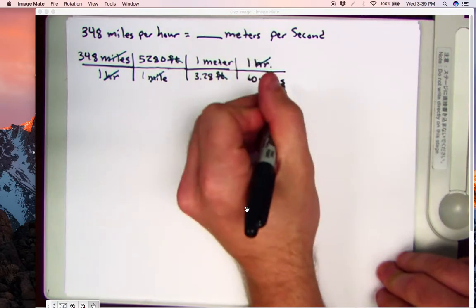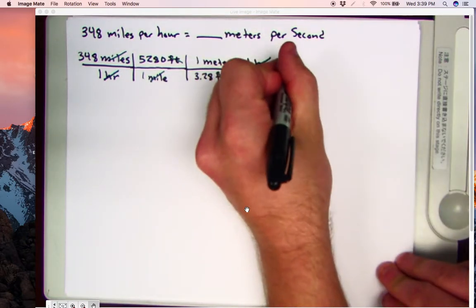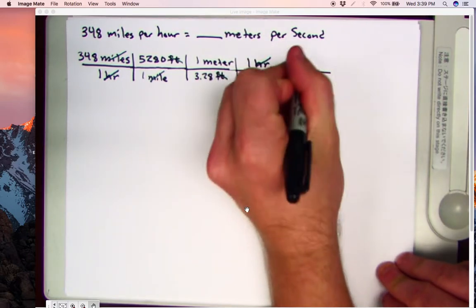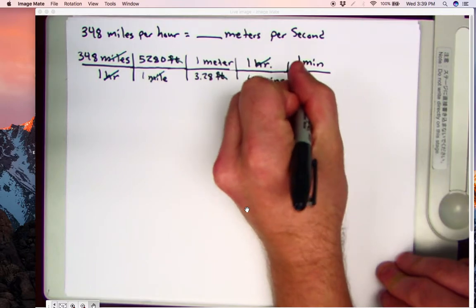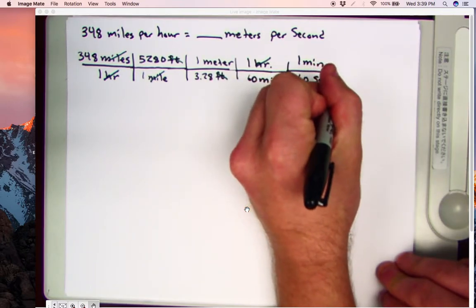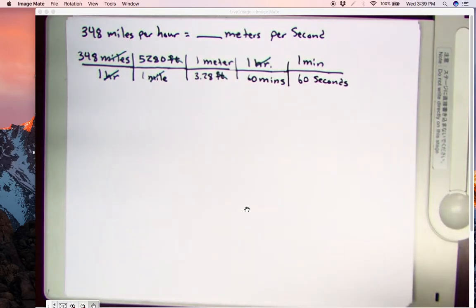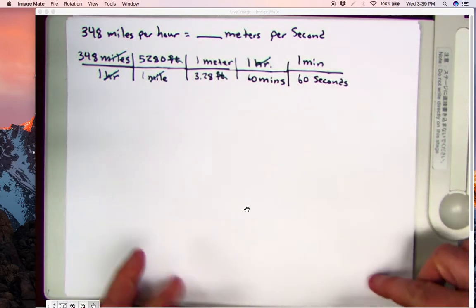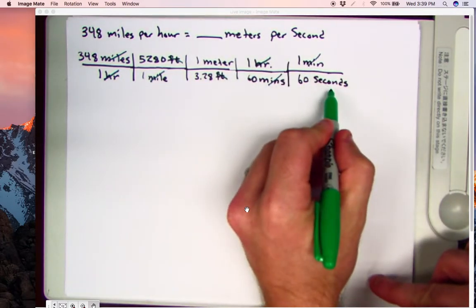But we don't need minutes, we need seconds, so we need to keep on going. For every 1 minute, there are 60 seconds. So now our minute unit would cancel out, and we're left with the seconds.